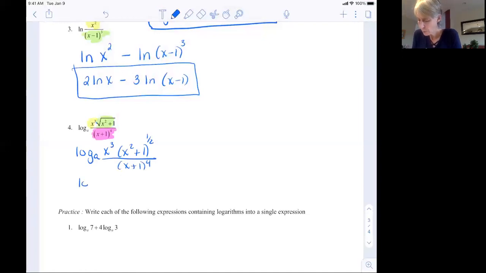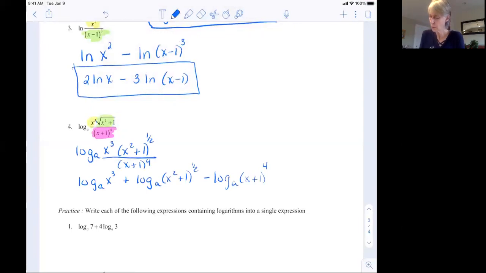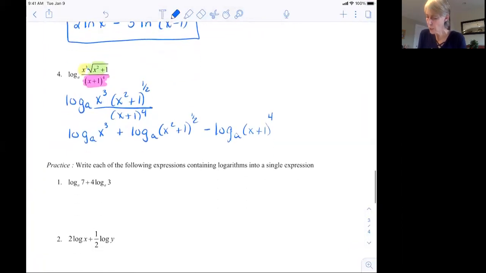Now I can break this apart: log base A of x cubed plus log base A of x squared plus 1 to the 1/2 minus log base A of x plus 1 to the 4th. Now you could deal with your powers. Some of you, the more you practice, you'll start bringing your power down right away. That's okay.